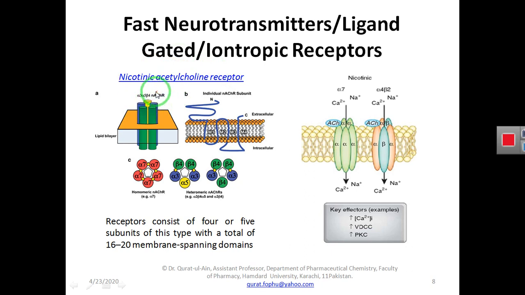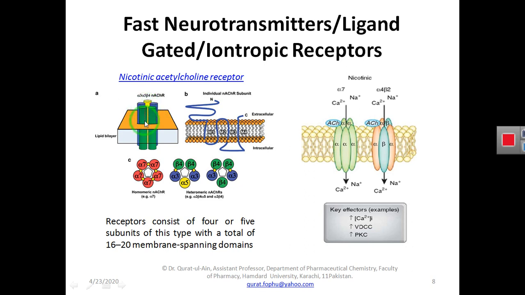We are taking the example of the nicotinic acetylcholine receptor. This receptor is composed of five subunits: two alpha subunits, and the rest beta and gamma subunits.